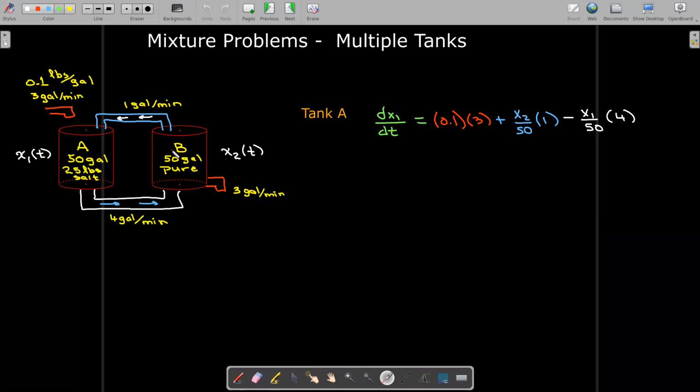Remember that the volume in these two tanks is going to be constant, a steady 50 gallons.